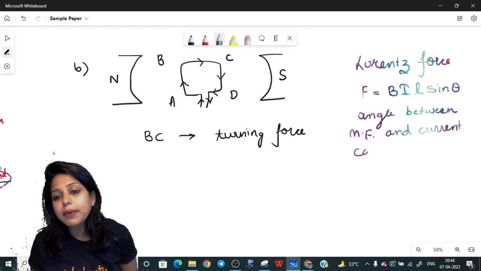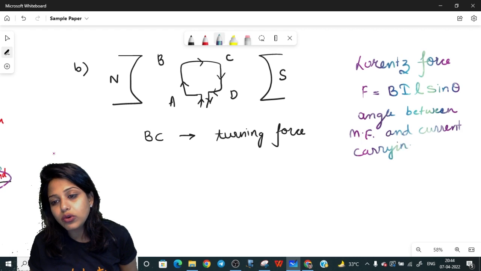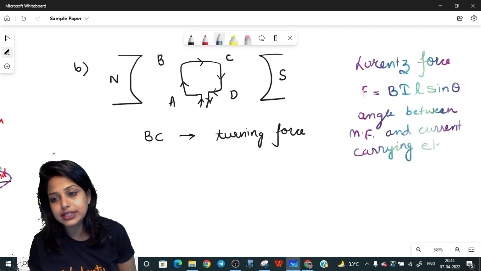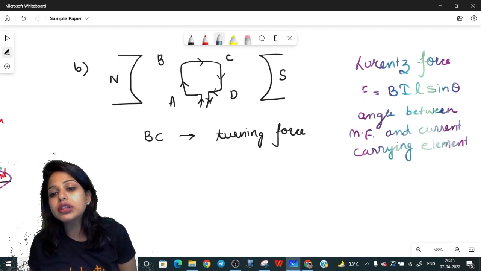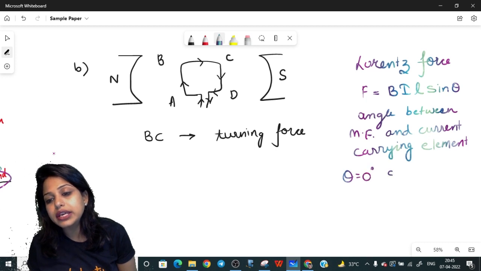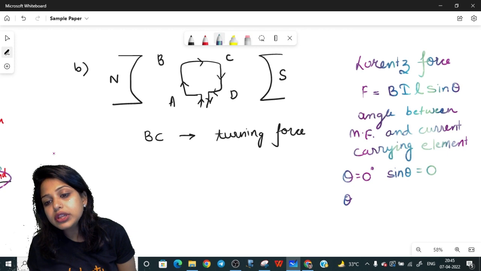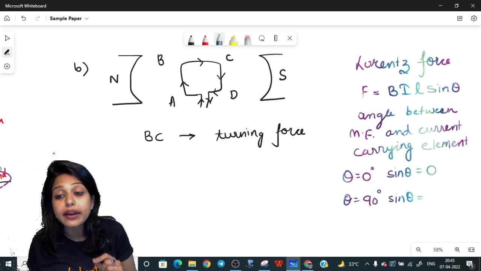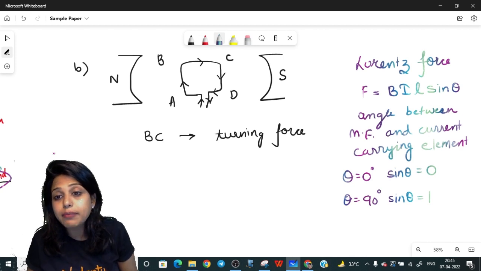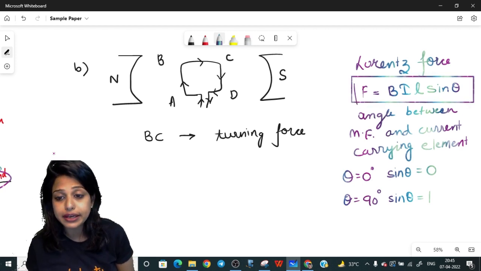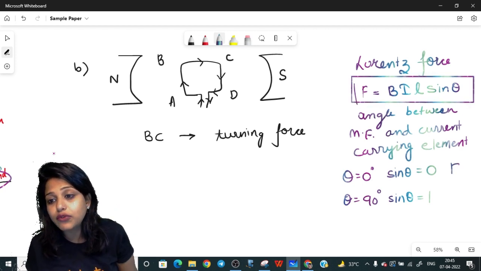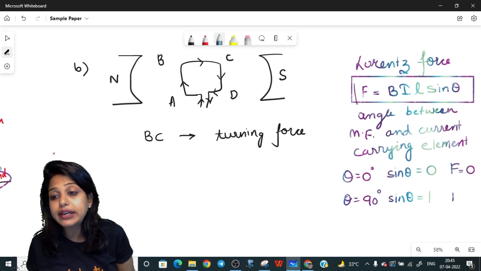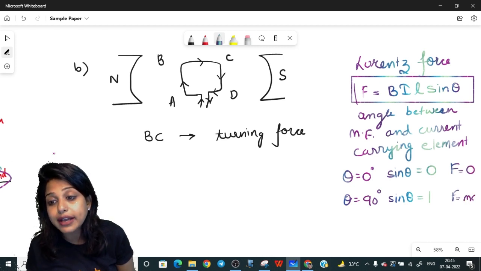Now talking about sine theta, I know you already know that if theta is 0 degrees, sine theta becomes 0, and if theta is 90 degrees, sine theta becomes 1. So if I look at my formula BIL sine theta, for 0 degrees my force will also be 0, but for 90 degrees my force will be maximum.